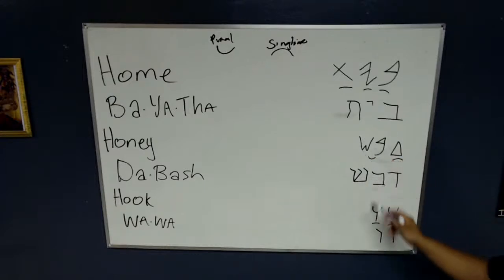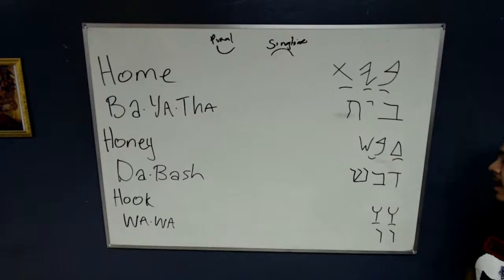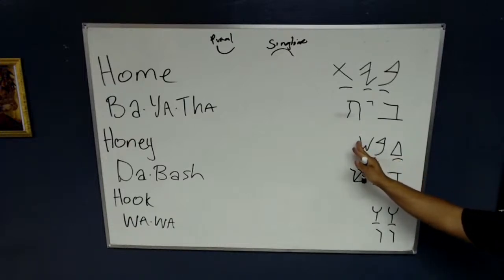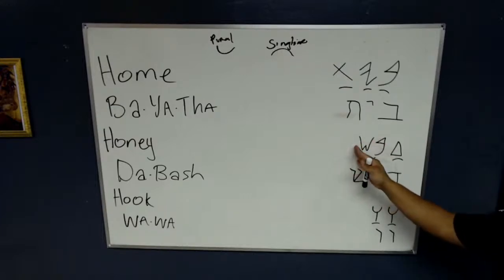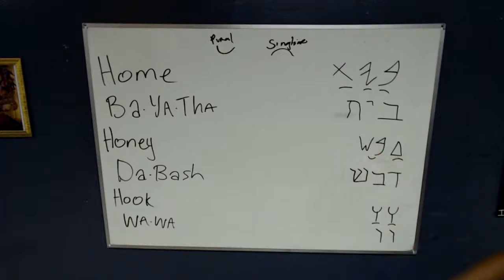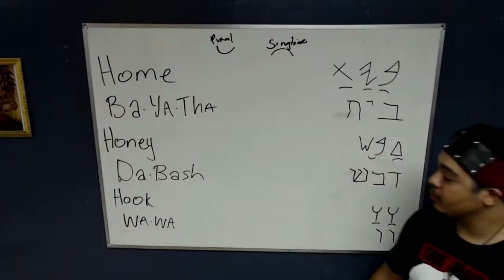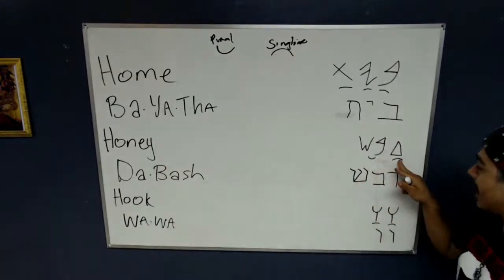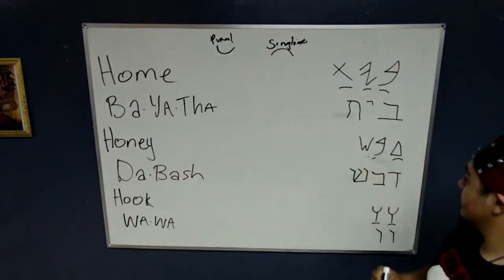Bash. Connect them to make that bash, right? Whenever you get those two connected, all you leave out is the ah. You leave out the sha. Instead of saying sha, you just do the first pronunciation, which would be sh, right? Da bash.